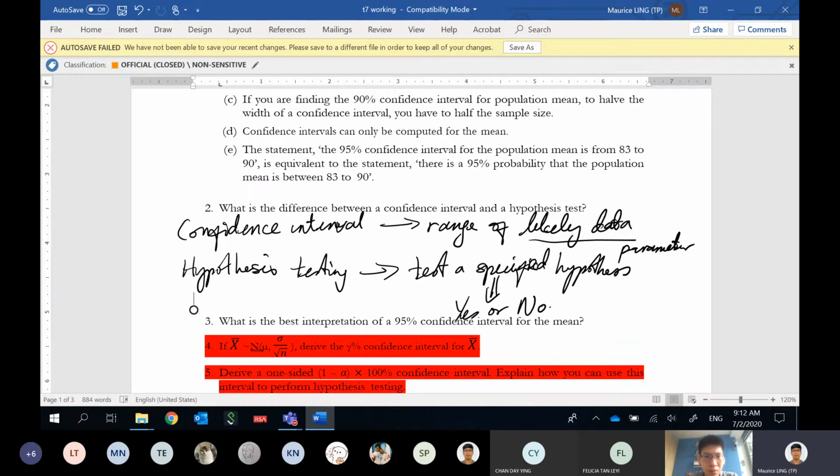It's a binary outcome, but it doesn't give you the range. Hypothesis testing is very controlled by the significance level. It just tells you, within a significance level, whether something is likely or not likely to happen. It doesn't tell you the range of the data itself. So this is a major difference.